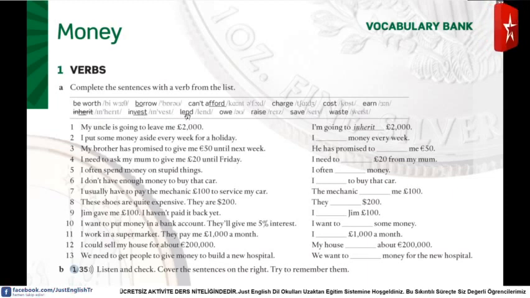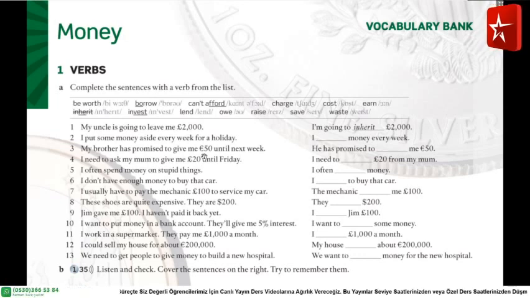We shouldn't use invest, lend, or save, waste, cost, charge, can't afford, or borrow. So we have earn, and raise. We didn't use them. So earn. Yes, I earn 1,000 pounds a month.